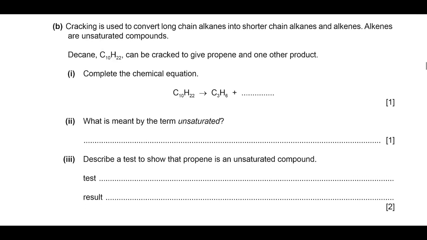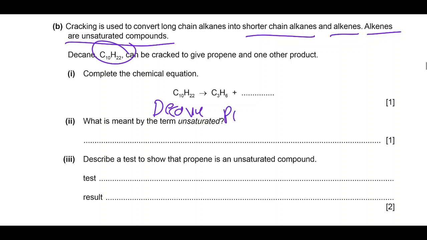In question B, cracking is used to convert long chain alkanes into shorter chain alkanes and alkenes. Alkenes are unsaturated compounds. Here you have decane, C10H22, which can be cracked to give propene and one other product. So this is the long chain alkane, and this is the alkene.